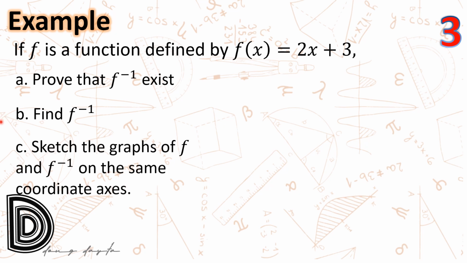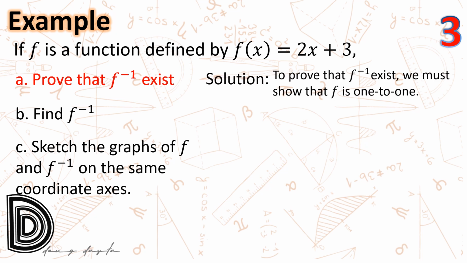Letter C, sketch the graphs of f and inverse of f on the same coordinate axis. If we can prove that inverse of f exists, then we can find that inverse of f. And then we will graph the two functions on the same coordinate axis. Okay, let's start with letter A. Prove that inverse f exists.